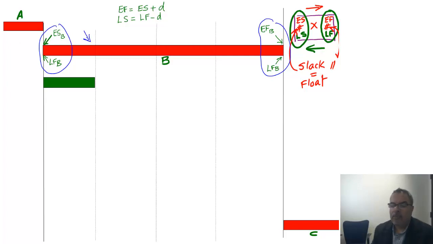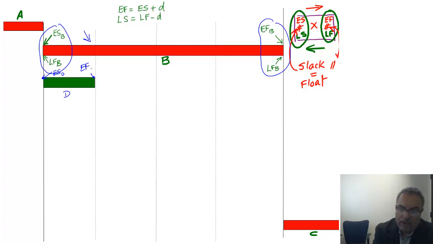Let's do the same thing for the green task, which is task D now. Task D. I think you can agree with me that the early start is right here. So this is the early start for D. The early finish is right here because of its duration.